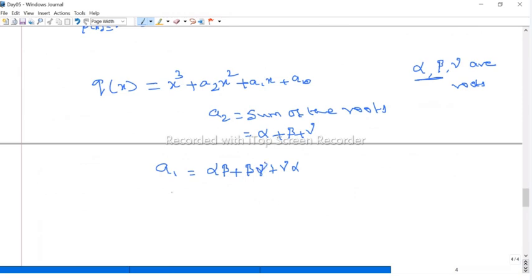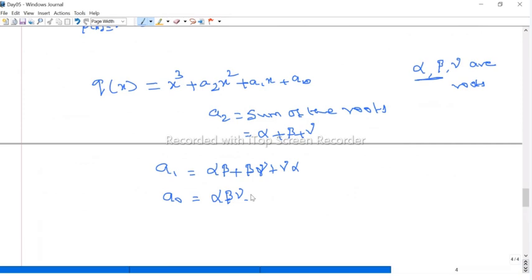And a naught is the product of the roots, that is alpha beta gamma. The roots in our case are the eigenvalues. So once you know the eigenvalues of a 3 by 3 matrix, we can easily form the characteristic polynomial.